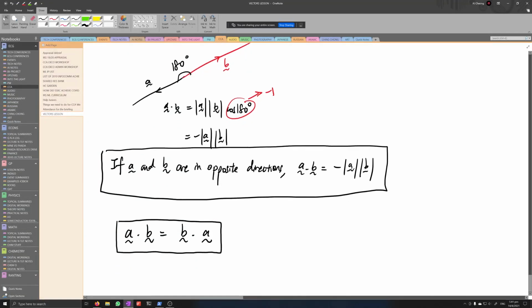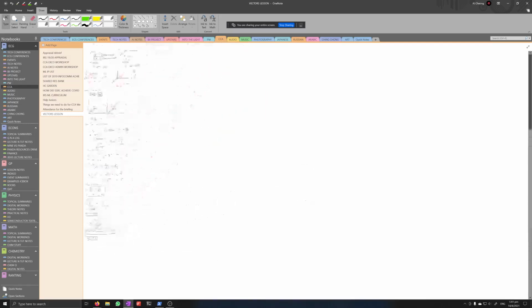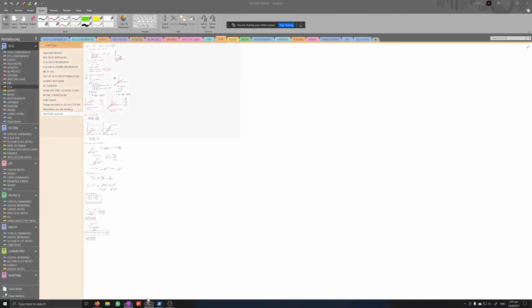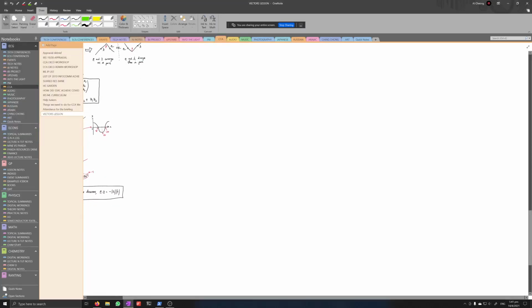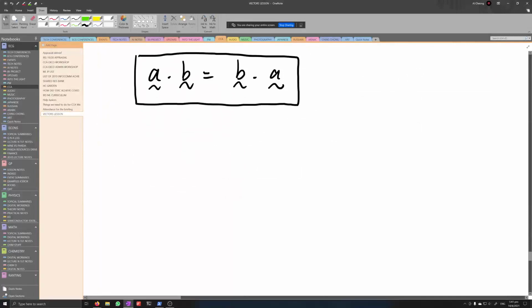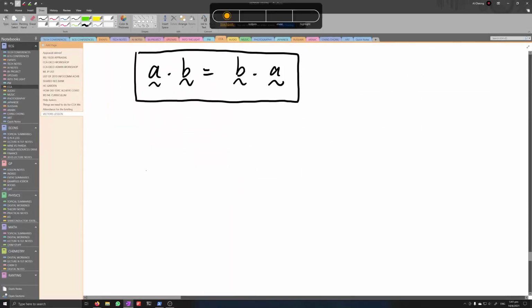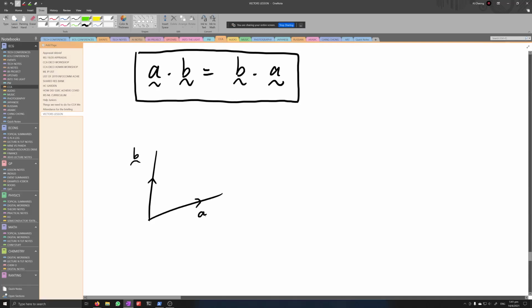Then A dot B equals B dot A. How do we visualize this? Let me just make the canvas bigger. A dot B, we have visualized it as such, right? Where the distance here is.